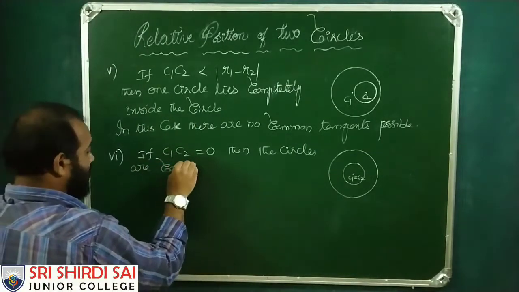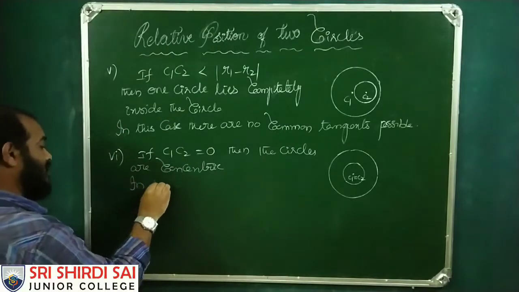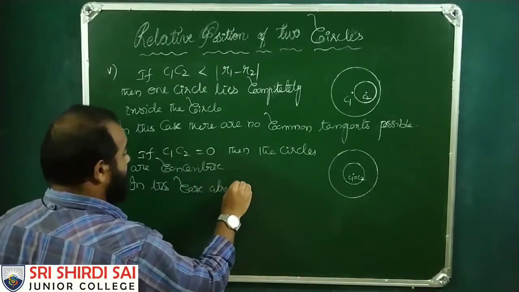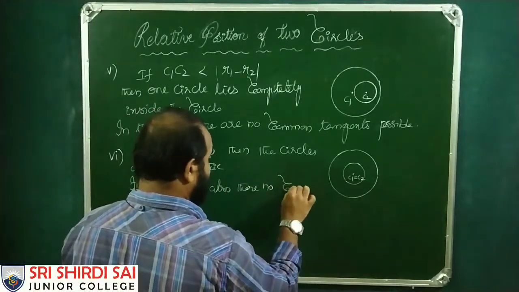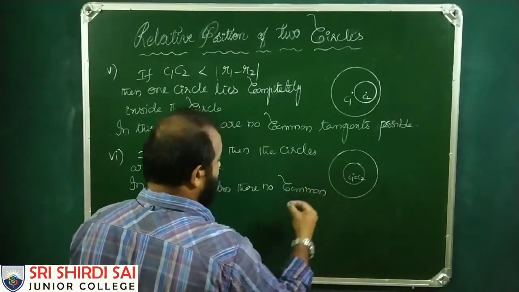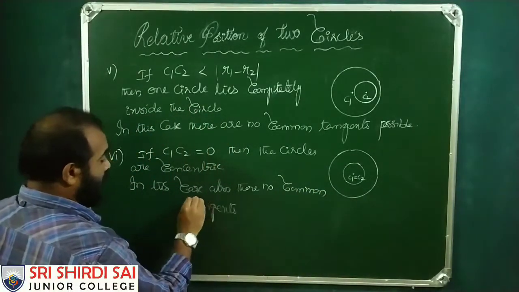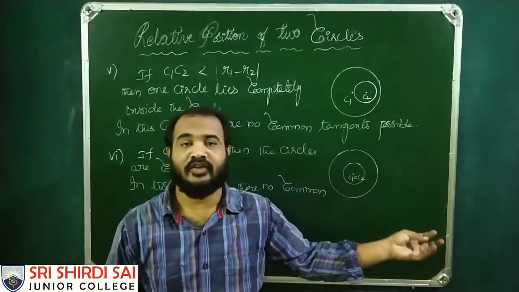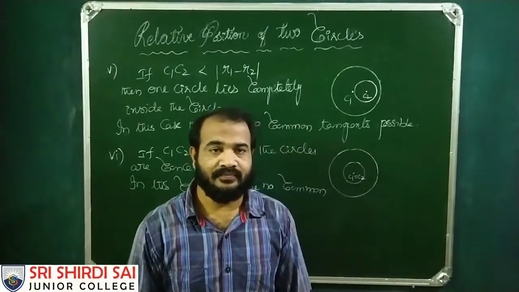In this case also, there are no common tangents. So these are the full possibilities of the relative positions of two circles.